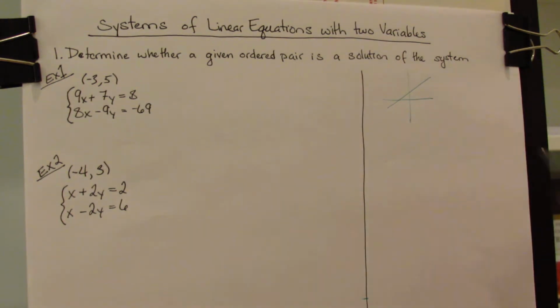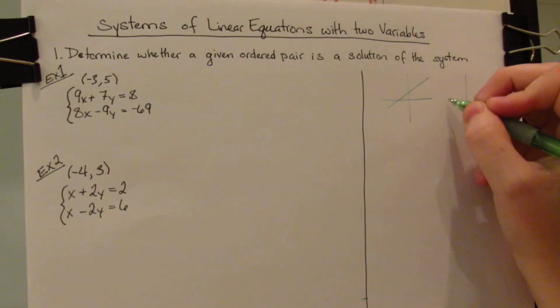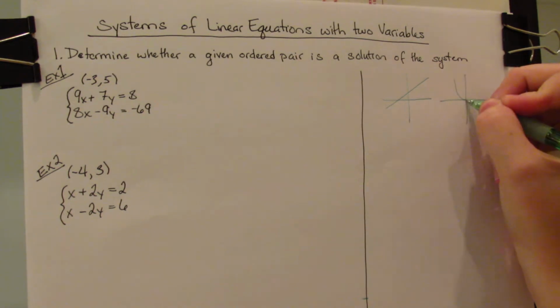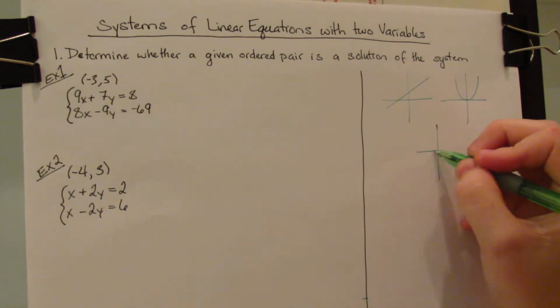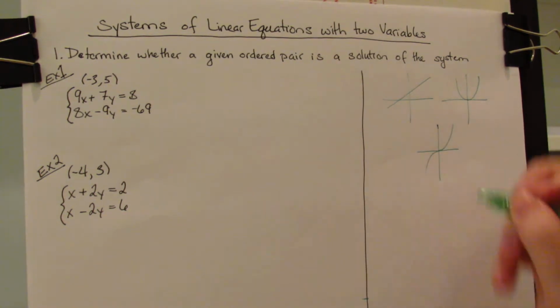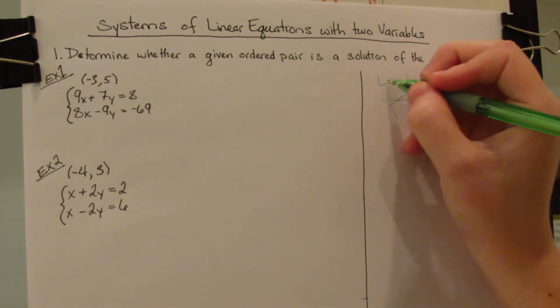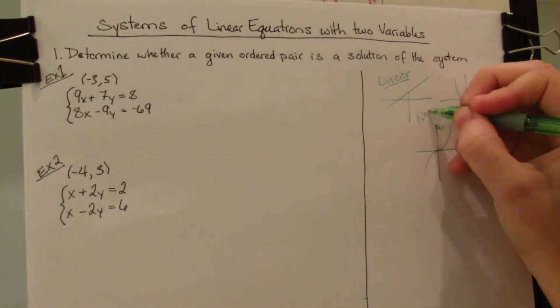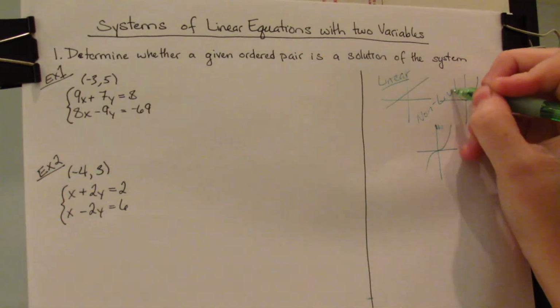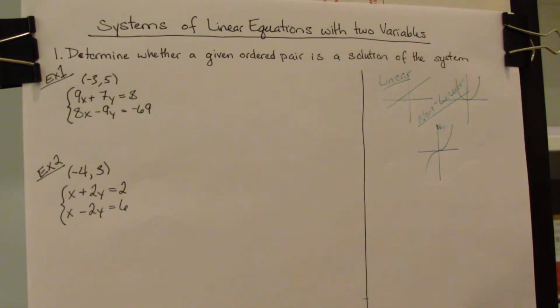A straight line, as opposed to something like the graph of x squared, or the graph of x cubed. This one is linear. These two are nonlinear.